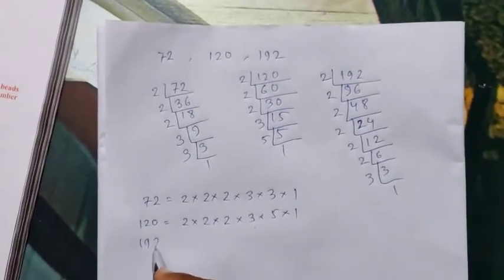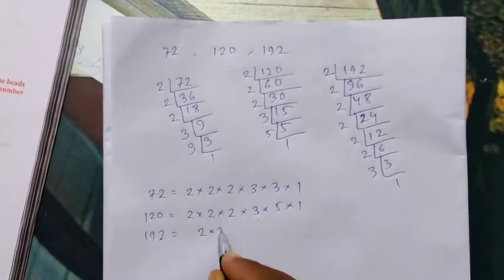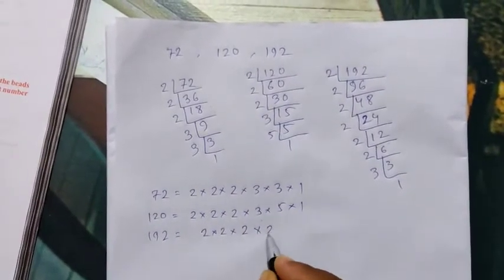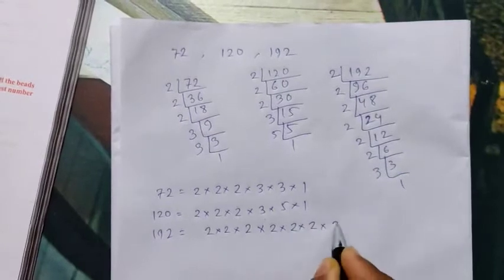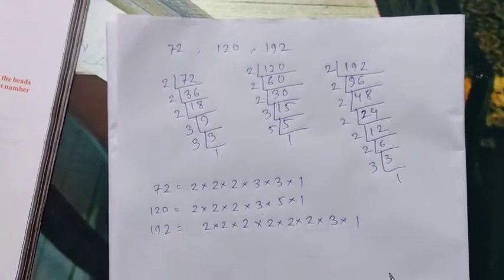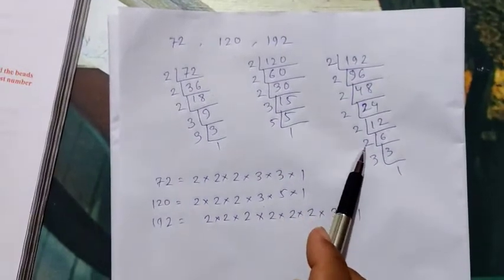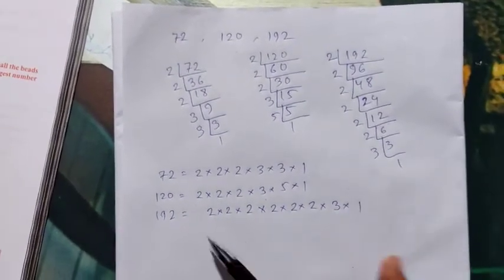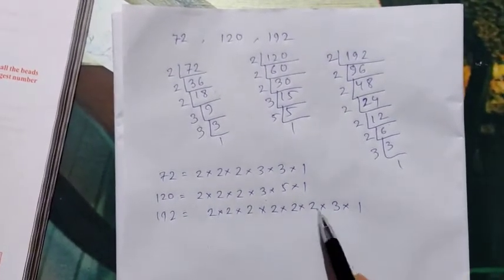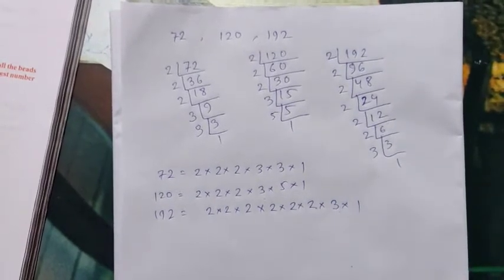So 192 can be written as 2 into 2 into 2, then another three 2s, into 3 into 1. That is 1 2 3 4 5 6, six 2s, one 3 and one 1.